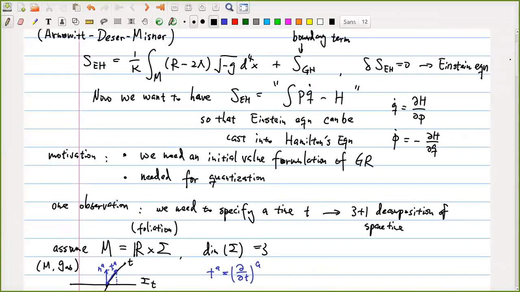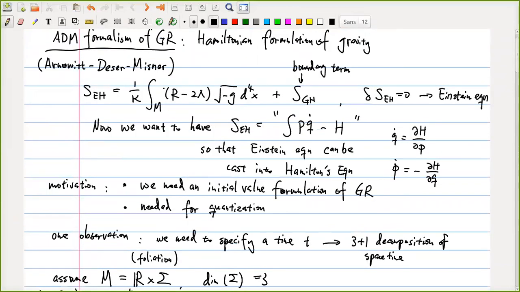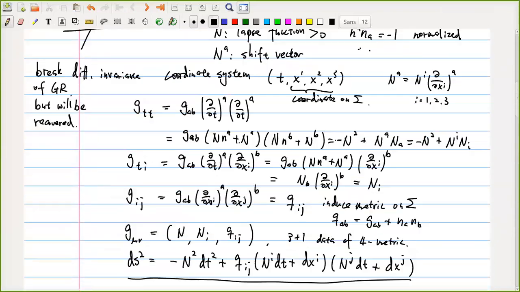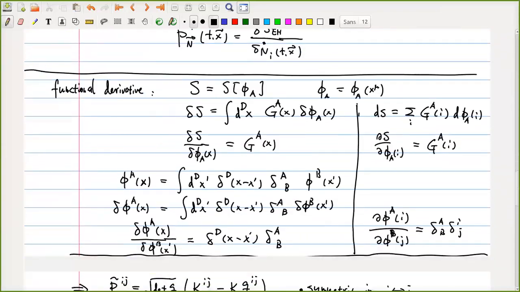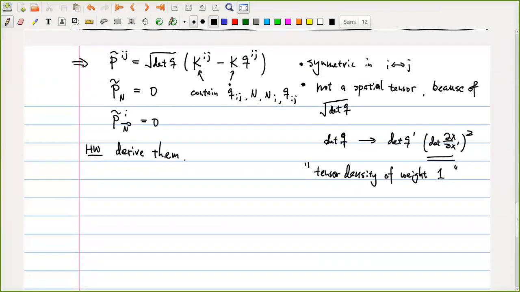The part in the bracket is a tensor, but outside there's a square root of determinant of the metric. So again, this is a tensor density. The reason you have a tensor density in the integral is that you are integrating over four-dimensional coordinates, so the entire quantity is coordinate independent. That's the interesting part of the tensor density.